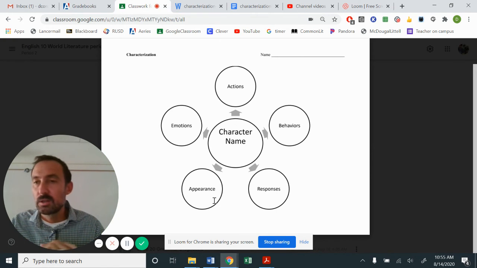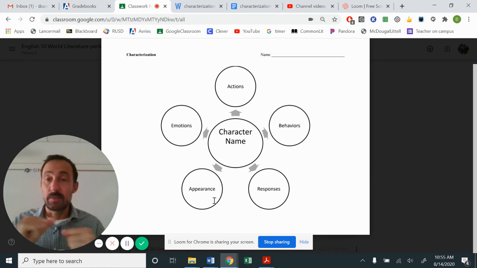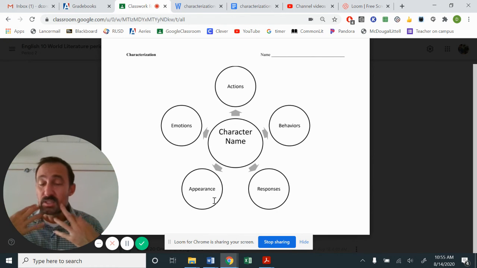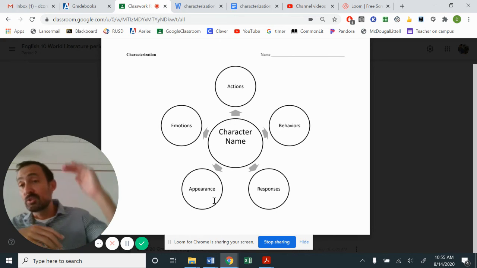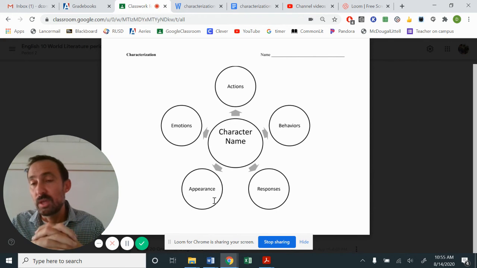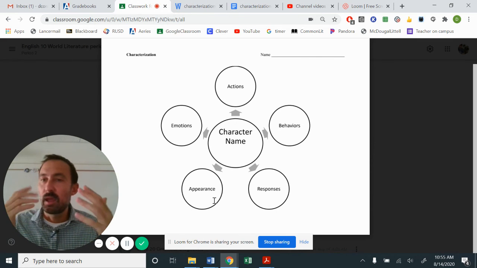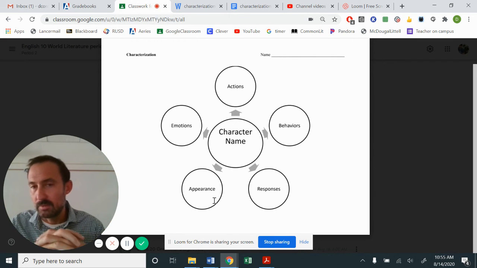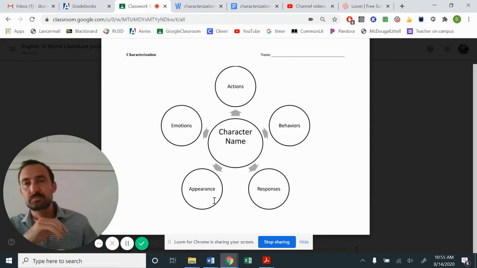Physical stature. If you go back to, let's say, Of Mice and Men by John Steinbeck, George is short yet muscular. He's very dark because he's been in the sun all day. Lennie is super tall. He's huge. He's big. And that plays into his demeanor and contrasts what's happening. So you mark down their appearance.